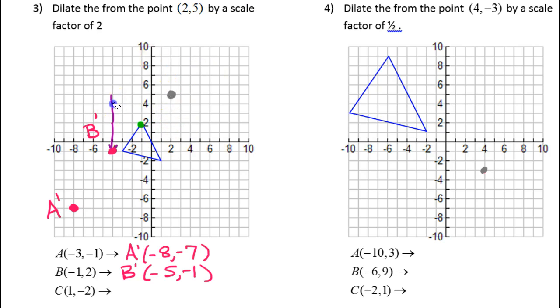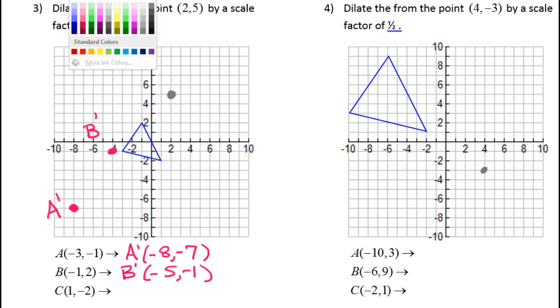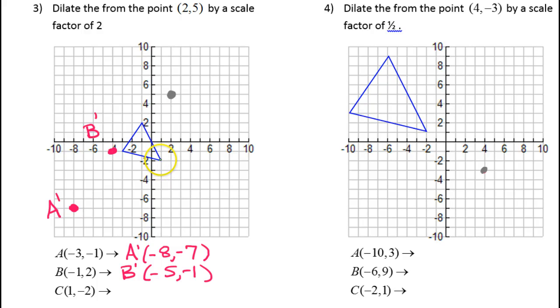Okay, so erasing my guidelines. And let's do one more point. Alright, now let's go after point C. Okay, the point 1 comma negative 2, C is right here. So if I want to get from my center to point C, I would have to go left 1 and down, okay, however many that was.